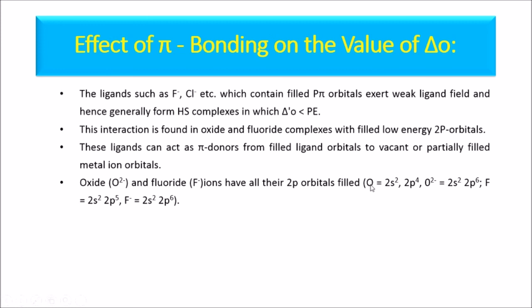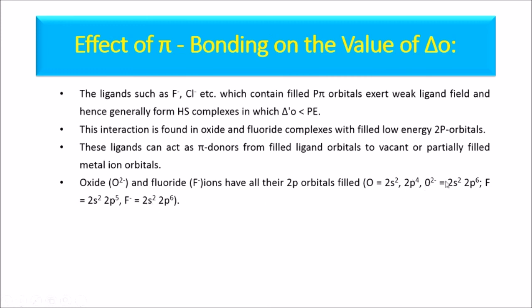When we talk about oxygen, the electronic configuration is 2s2 2p4, and when we discuss the oxide 2 minus ion, its electronic configuration is 2s2 2p6. Similarly, for fluorine as an atom, the electronic configuration is 2s2 2p5, but for F minus, the fluoride ion, the outermost orbitals would be 2s2 2p6.